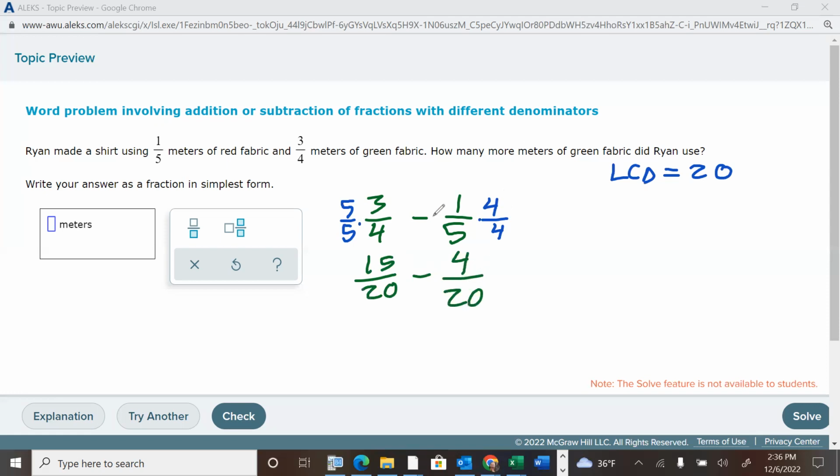Remember, anytime you add or subtract, you have to have common denominators, otherwise it doesn't make sense and doesn't work. So 11/20. This one is a word problem, so I need to include my units of meters. So 11/20 meters, and that is how I would do it.